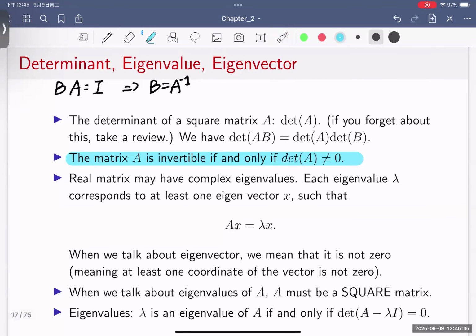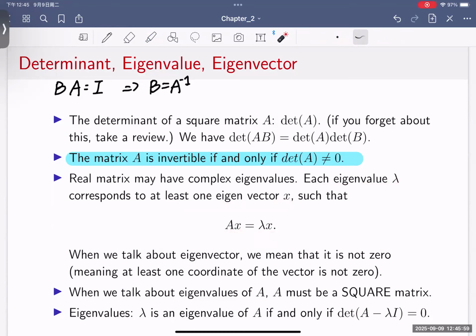More important is that for a matrix A, we also have eigenvalue and eigenvector, whose definition is given in this format. We can find a non-zero vector x and at the same time a lambda such that Ax equals lambda times x.